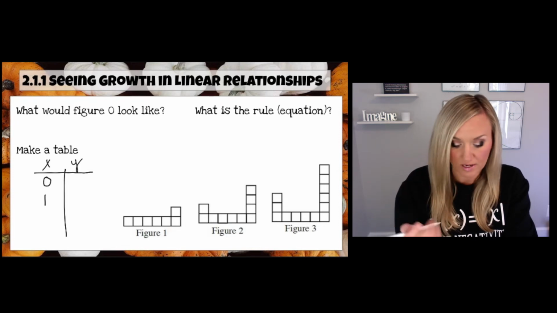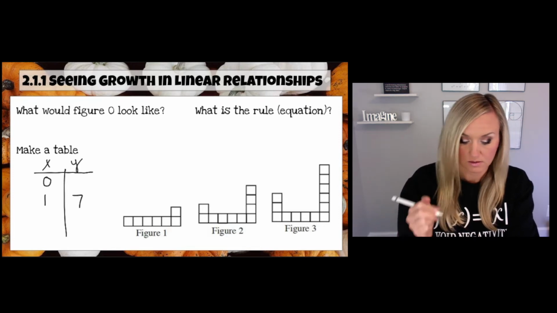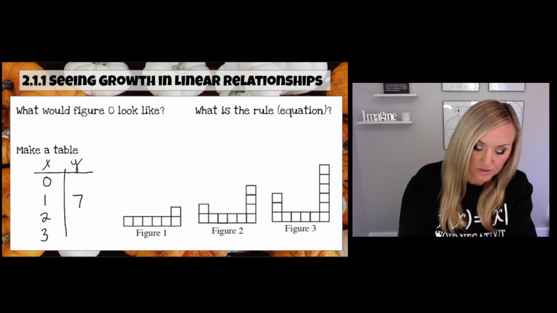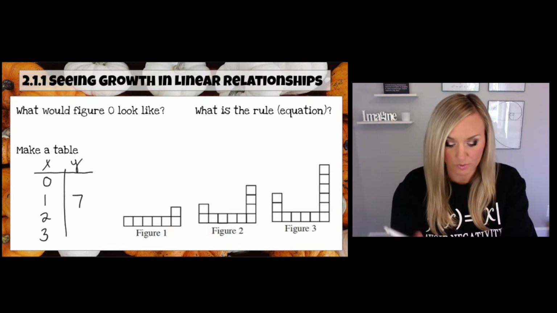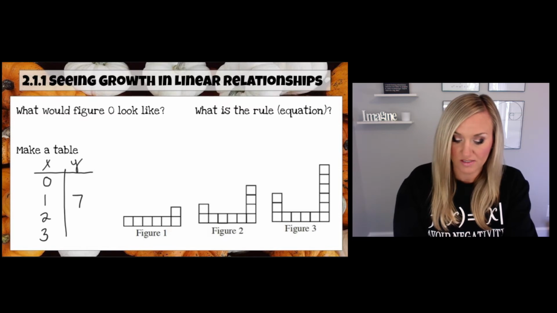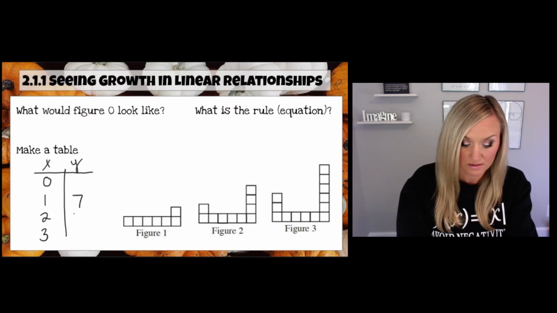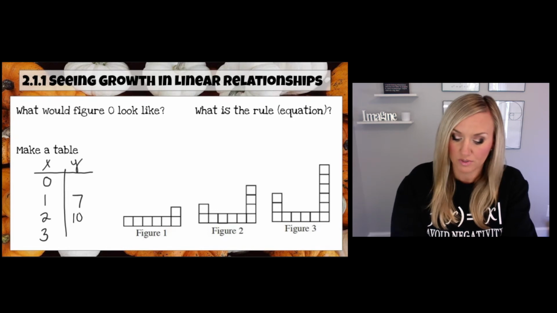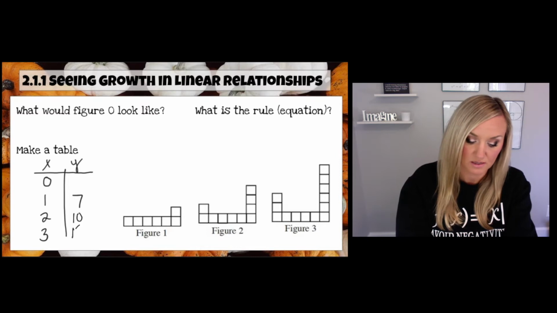So figure number 1 has 7 boxes. Okay, so figure number 2 and figure number 3, let's go ahead and count those out. We have 1, 2, 3, 4, 5, 6, 7, 8, 9, 10. And figure 3, 1, 2, 3, 4, 5, 6, 7, 8, 9, 10, 11, 12, 13 has 13.